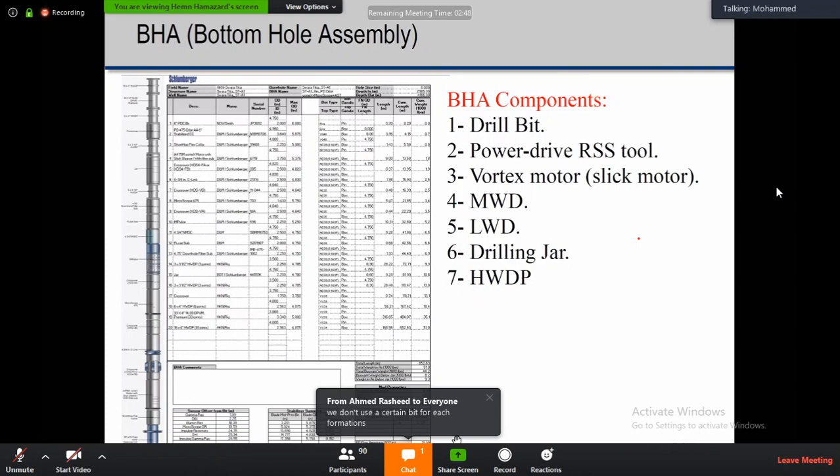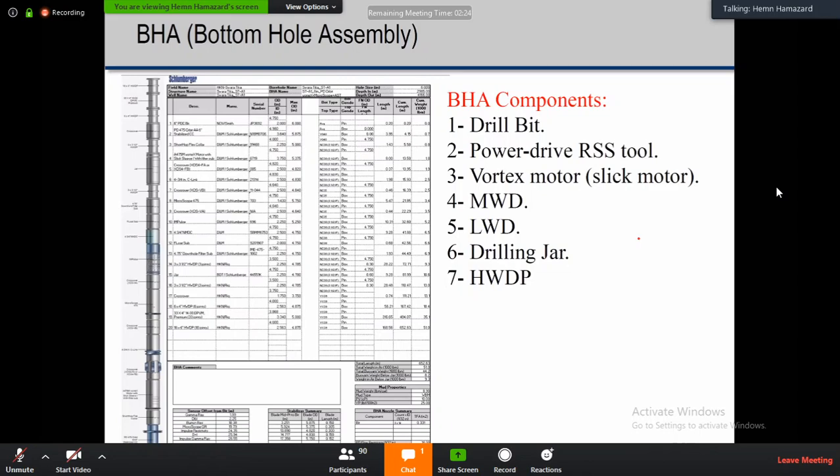Sha'lan asks which type of bits you are using according to the formation, for example shale formation or whatever you have faced. Your voice was breaking, but what I understood from the question is what kind of bits we use, right?